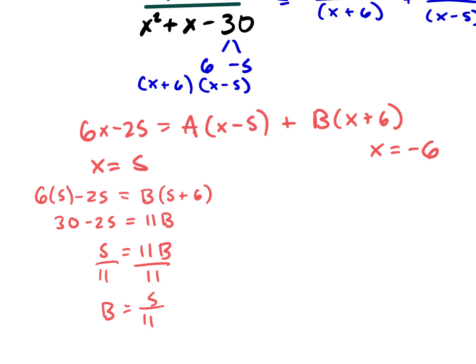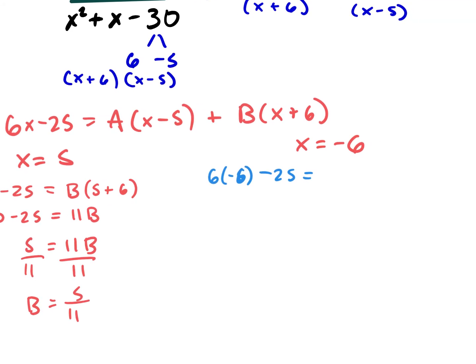Now we plug in negative 6. So I have 6 times negative 6 minus 25 is equal to A times negative 6 minus 5. What happens to the B? It cancels because when I plug in negative 6 plus 6, I get 0.